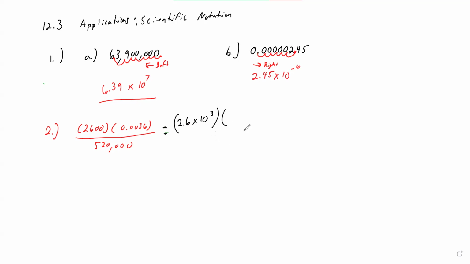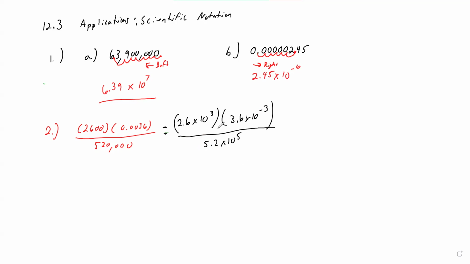How would you write 0.0036? There you go. Perfect. And then how would I write 520,000? To the 5th power. Perfect.